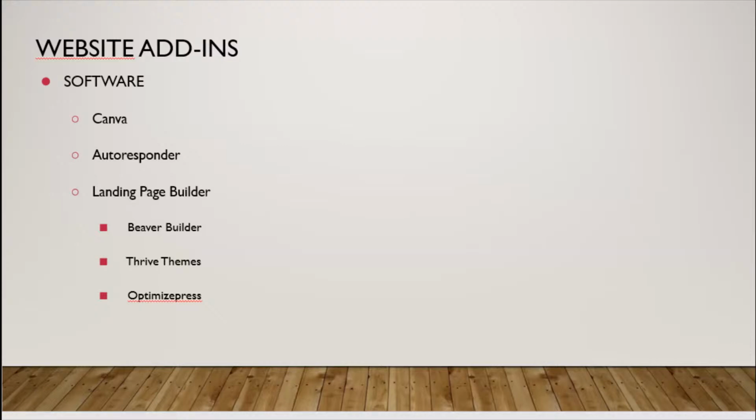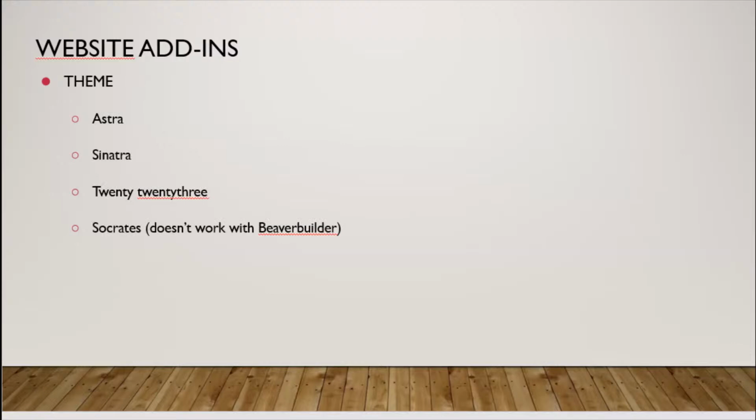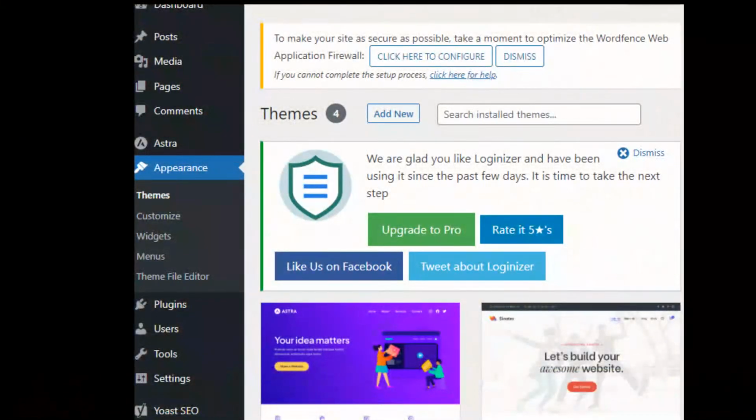And then we have themes. So the themes are basically for how the website looks, and they have customizations and things. And if you haven't seen any, some of them get loaded up with a standard one.